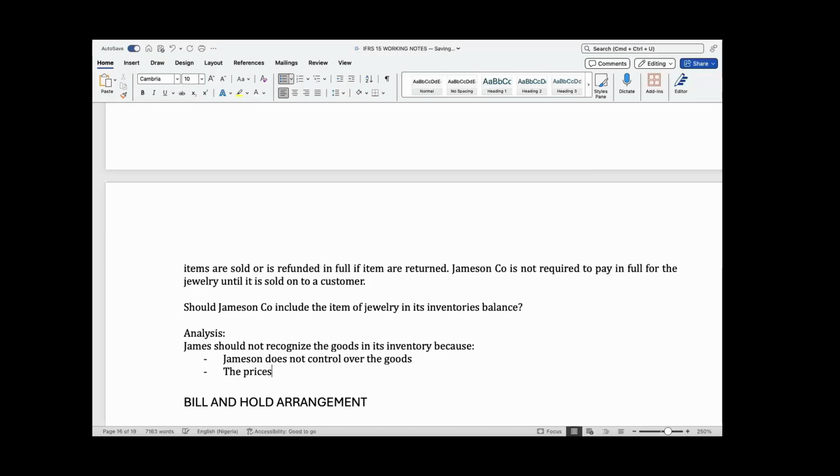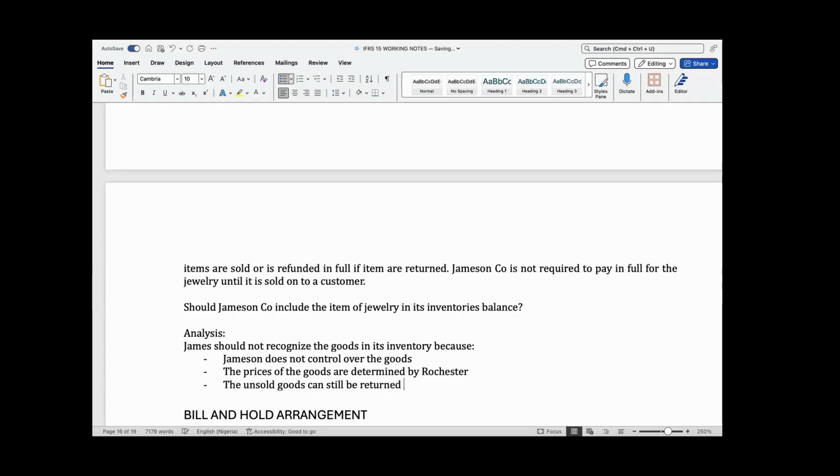The prices of the goods are determined by Rochester. The unsold goods can still be returned to Rochester.